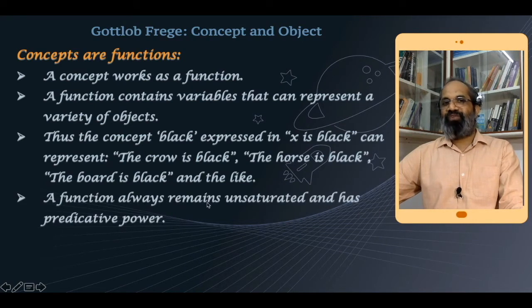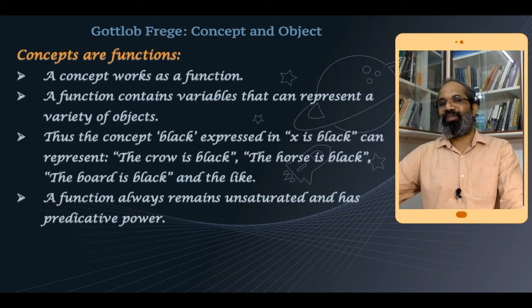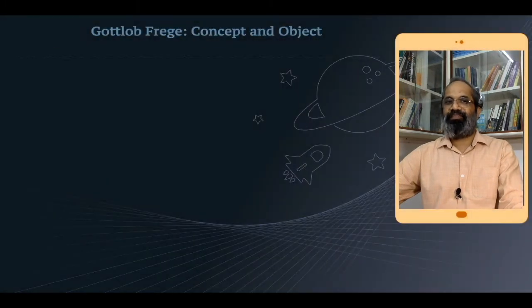And a function always remains unsaturated and has predicative power. It's a predicate and it remains always unsaturated. You can add anything for x, like the ocean is black or the mind is black, whether it's meaningful or not. So it always becomes unsaturated or incomplete.